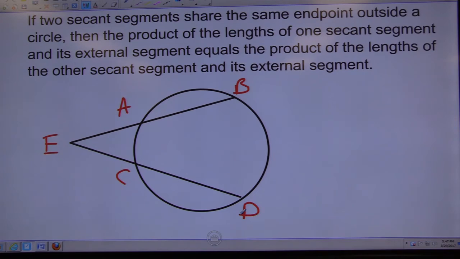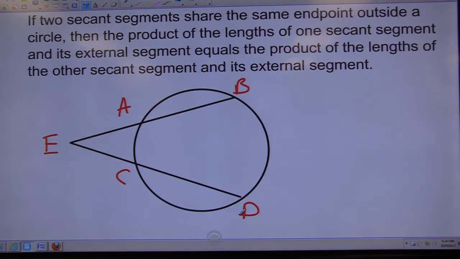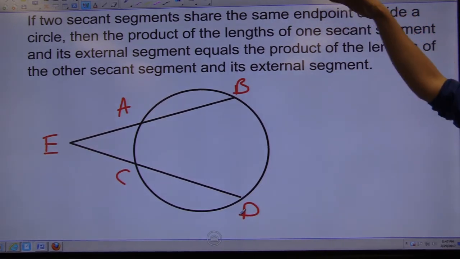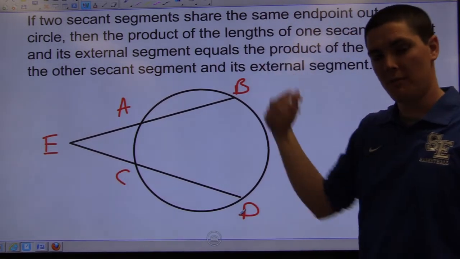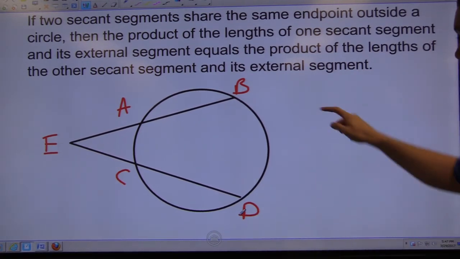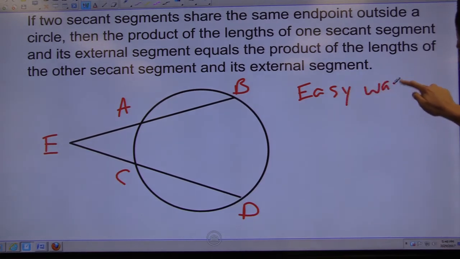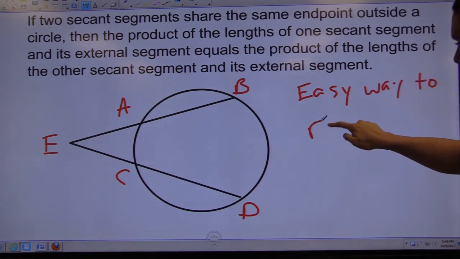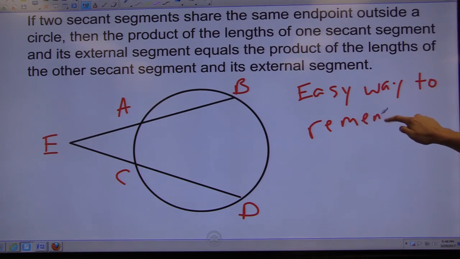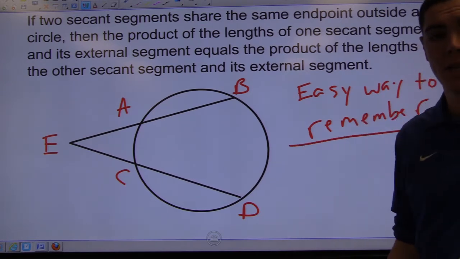Okay. So an easy way to remember this, rather than having to remember all these words, and there's a lot of stuff here to process, let me just write this down. Easy way to remember. The equation is going to look like this.